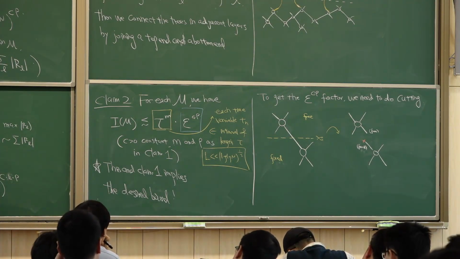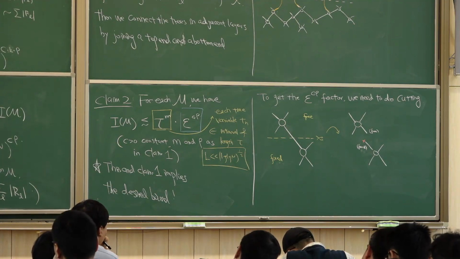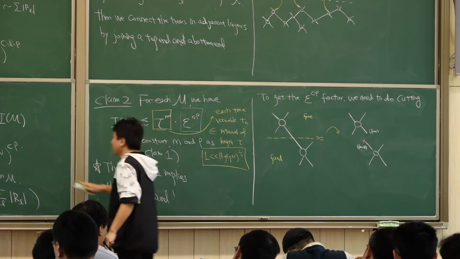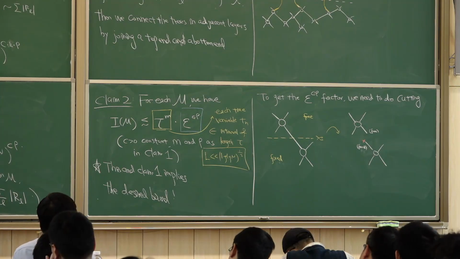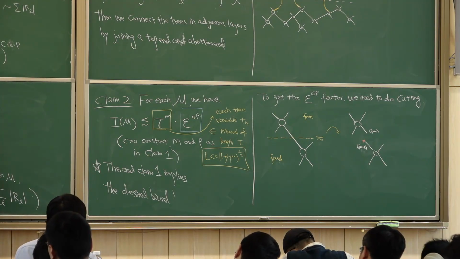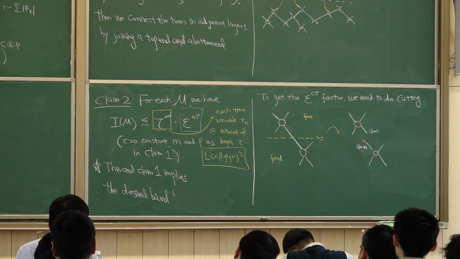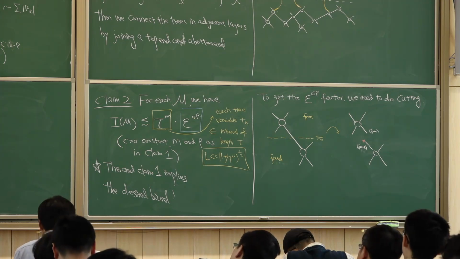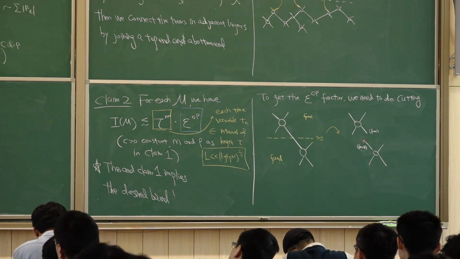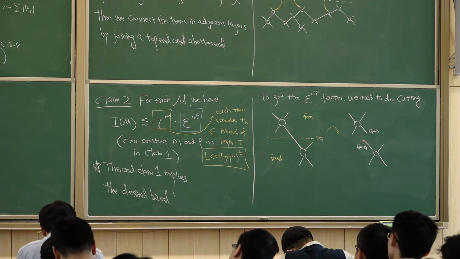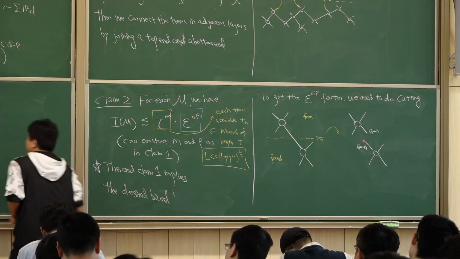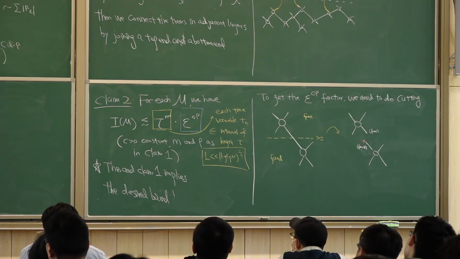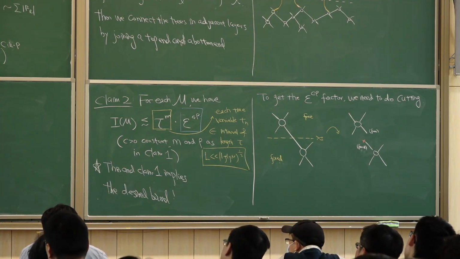Basically, when we have an edge being cut into a free end and a fixed end, remember this edge is associated with a variable, Z_e, which is X_e and V_e.